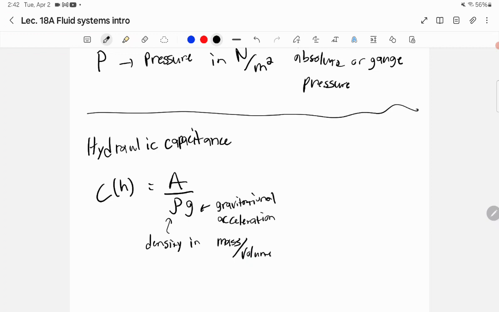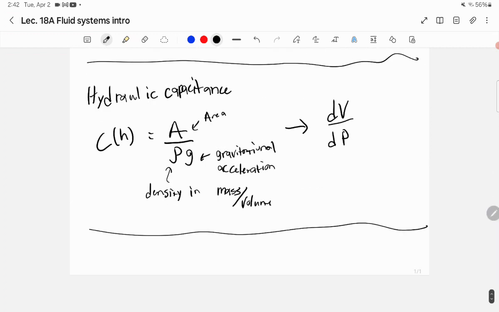Okay, the density is mass per unit volume. This is going to be the area. So the capacitance is going to be related to the area. This is going to be a change in the volume, the rate of change in the volume per the change in pressure. So we will have dV/dP basically for our C here.